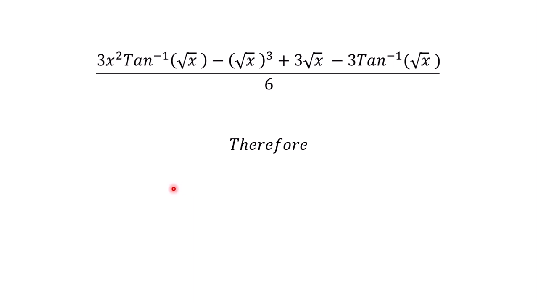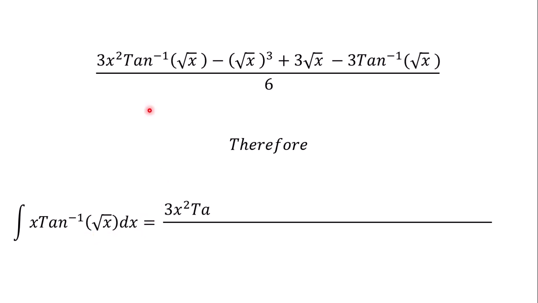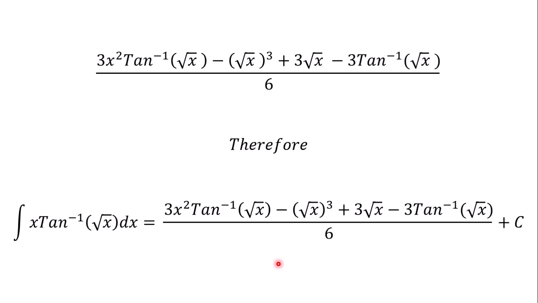So the integral of x tangent inverse of square root of x is now equal to the whole of this one plus c. The answer is quite a bit lengthy, but don't worry.